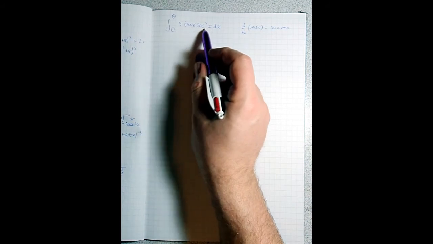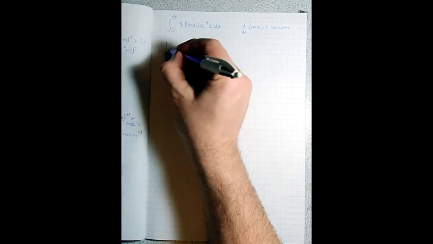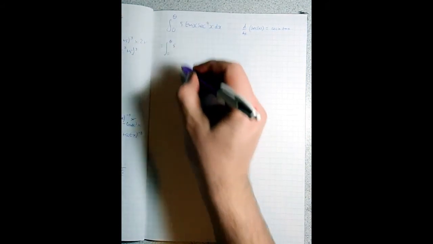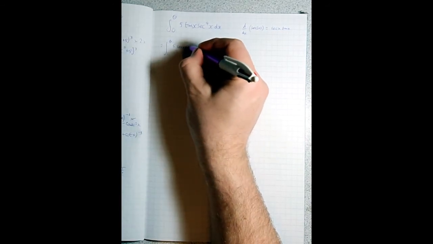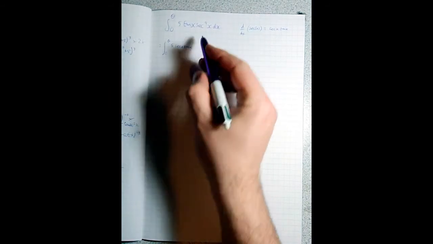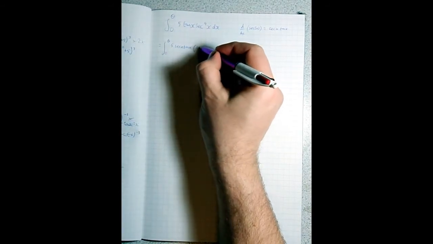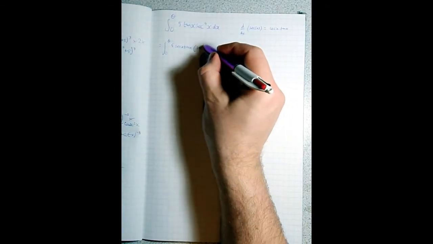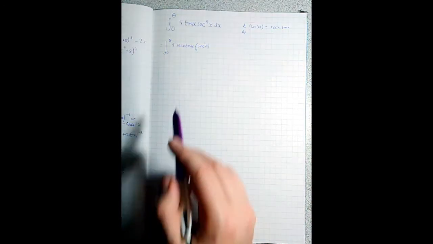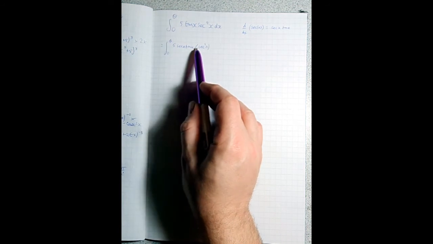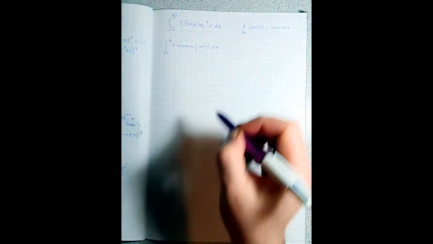So I'm going to rewrite this as 5 lots of sec x tan x. That's my derivative times by sec cubed x. So I can see that sec tan is the derivative of sec.